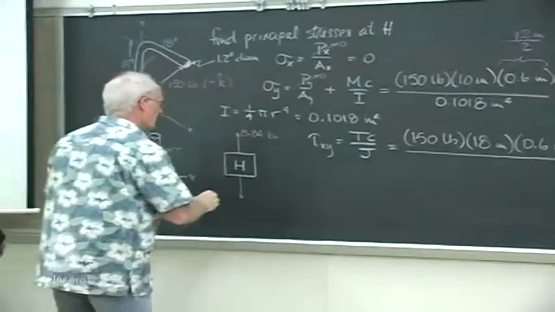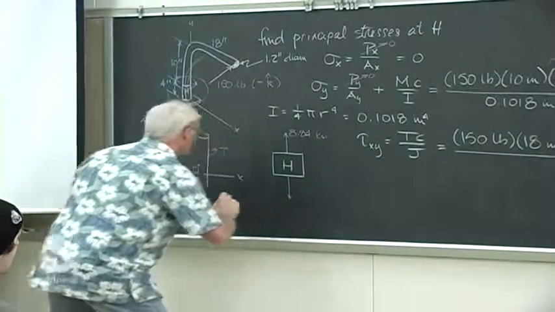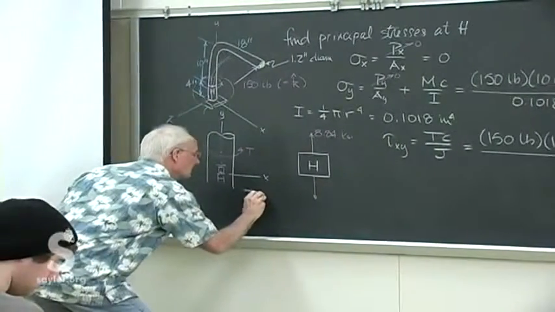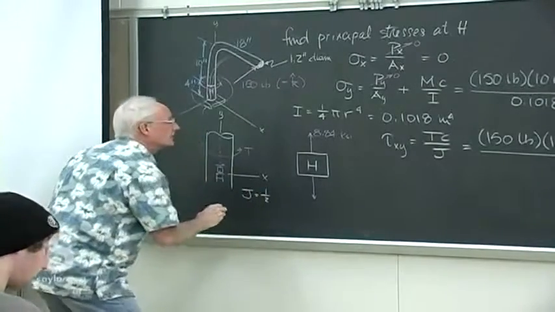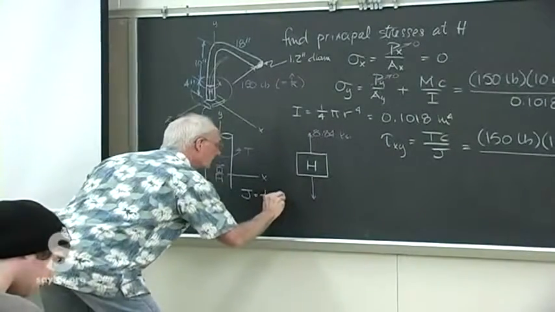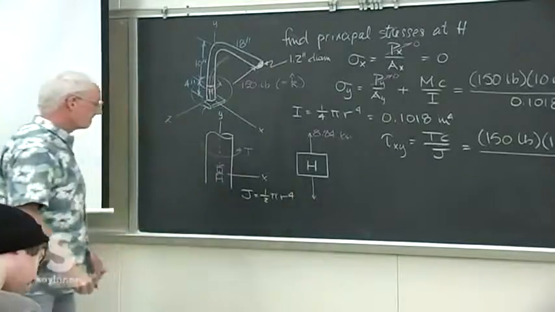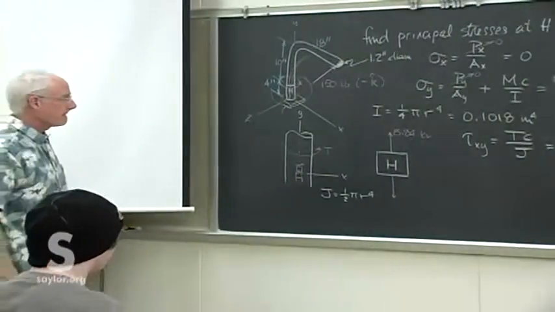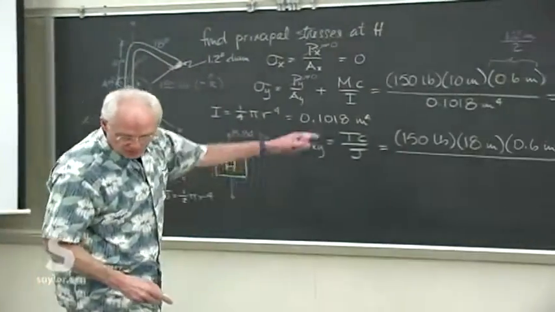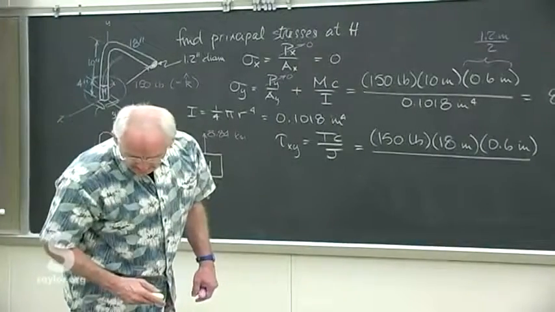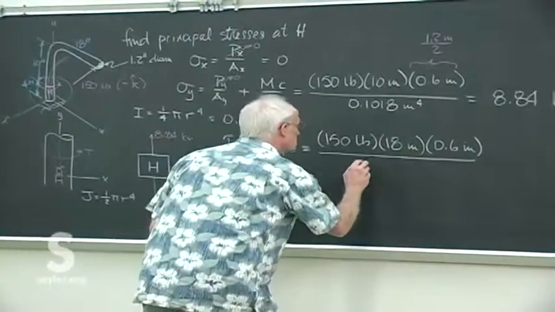And J, let me squeeze it in here, is actually 2 times I, if you remember. And so it's twice that 1018, which is 2036.